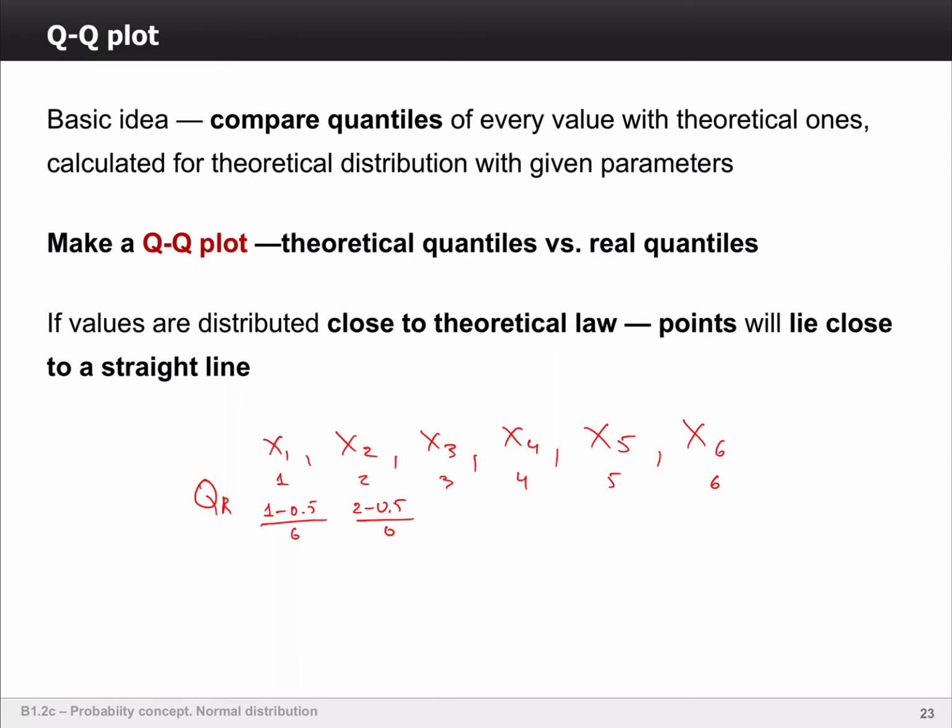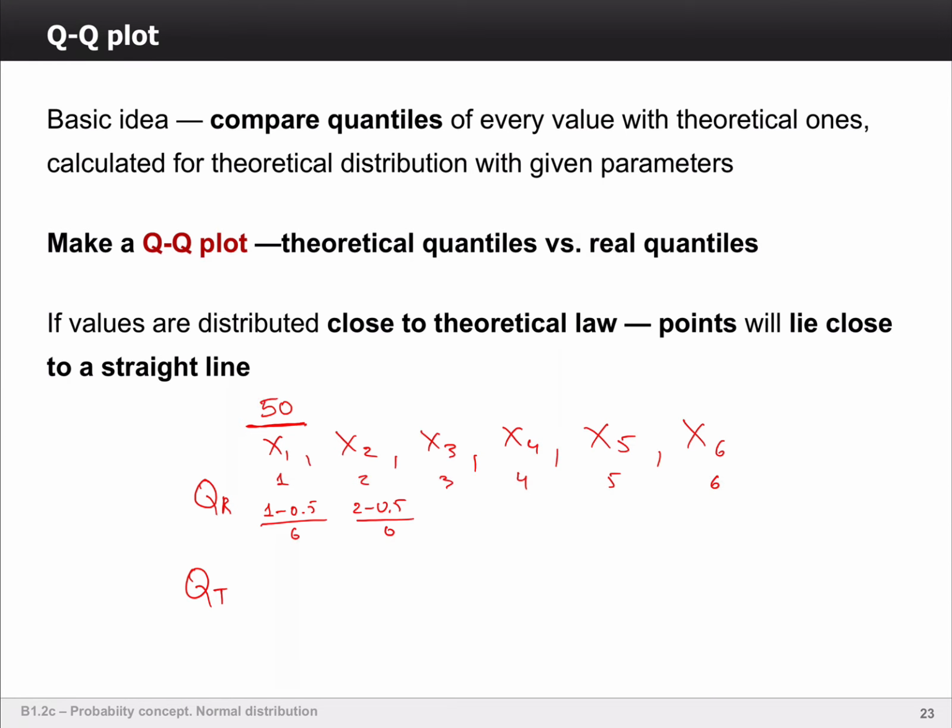So you can calculate the real quantiles. And then you can calculate the theoretical quantiles, assuming that these values follow a certain theoretical distribution. For example, you have 50 here. What should be the theoretical quantile if these values follow some theoretical distribution?